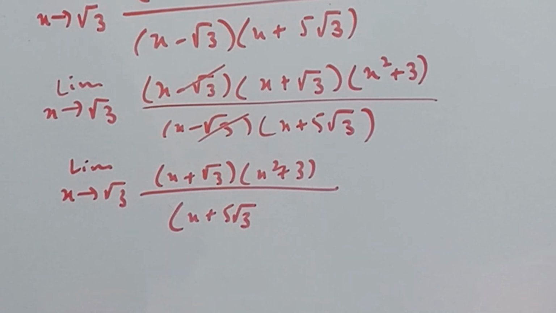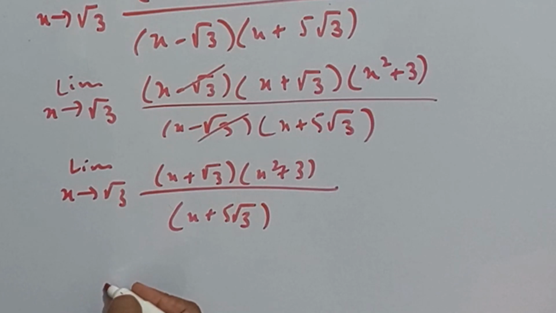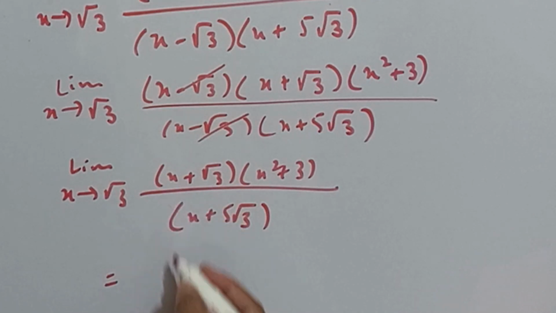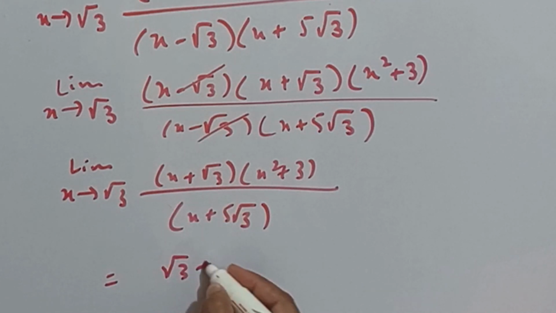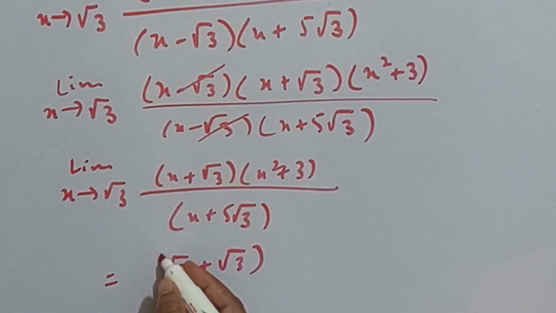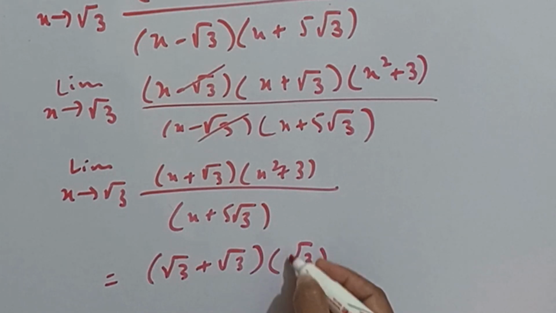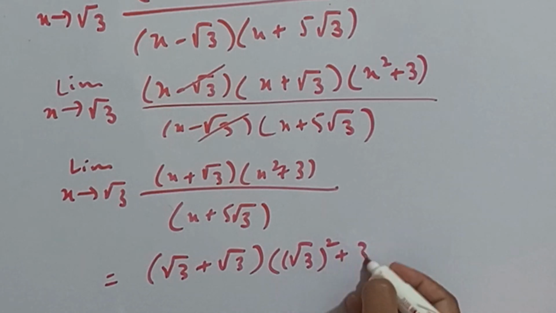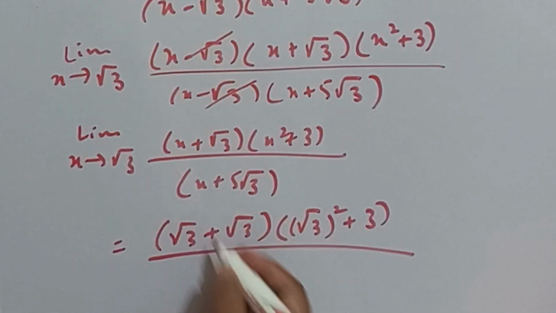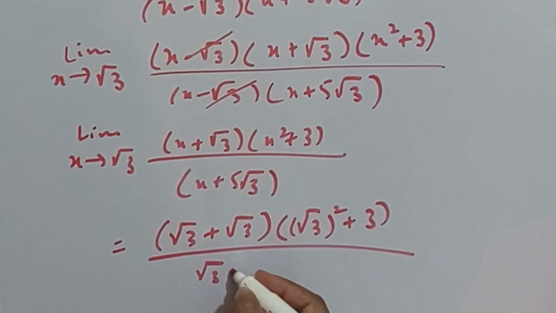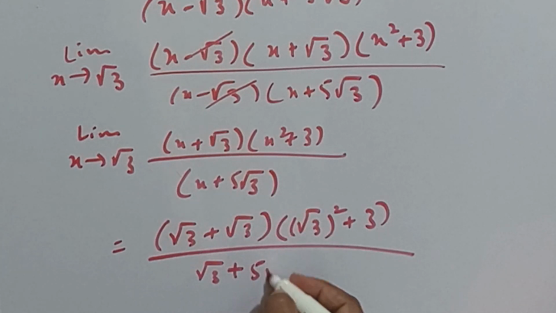Now at this point we apply the limit as x approaches square root 3. So x is square root 3. Here we write square root 3 plus square root 3. The next value, x is square root 3, so we have the square plus 3, and in the denominator, x approaches square root 3, so we write square root 3 plus 5 times square root 3.